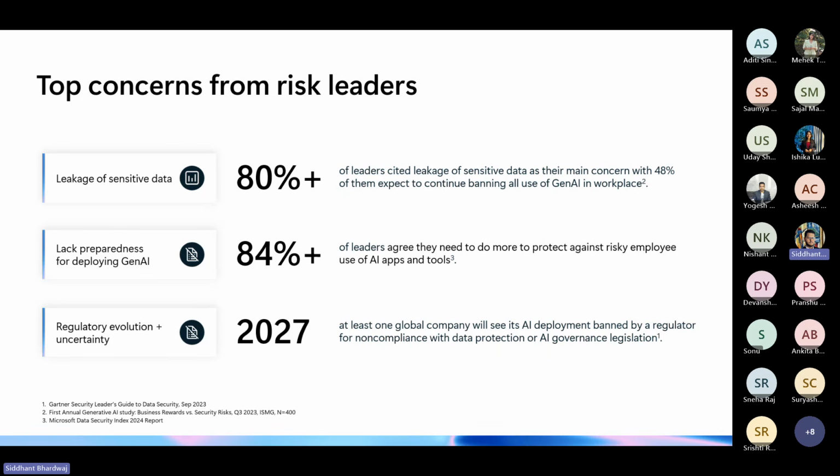At least in 2027, at least one global company is going to completely ban AI-based applications.